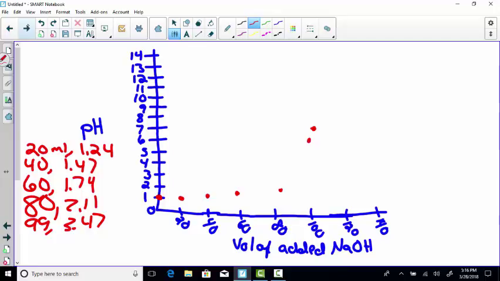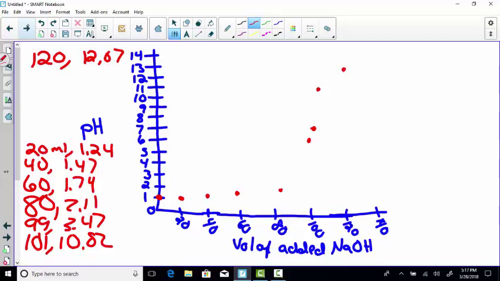Okay, and then we did 101. And at 101, we were 10.82. So look at the jump. Right on the other side of this. Then we did 120, and at 120 we were 12.07. So at 120, we're starting to flatten out again.